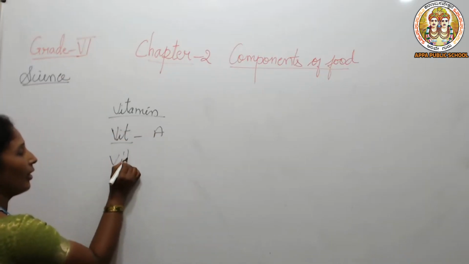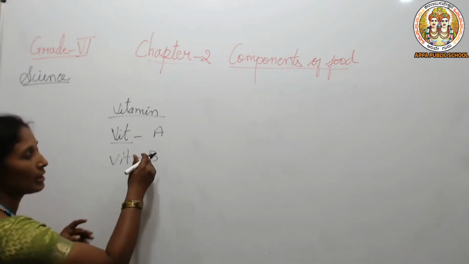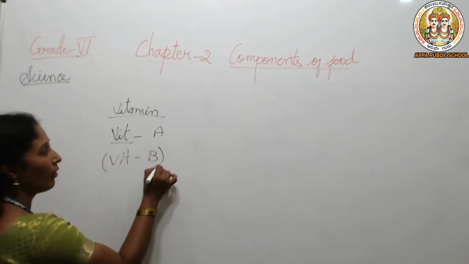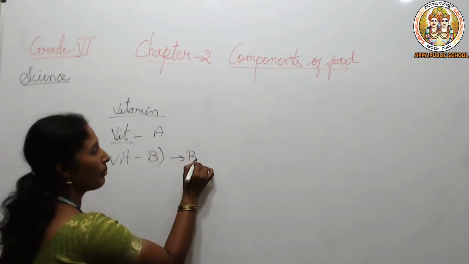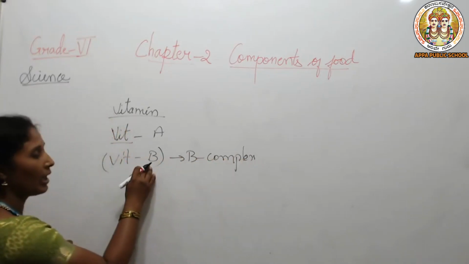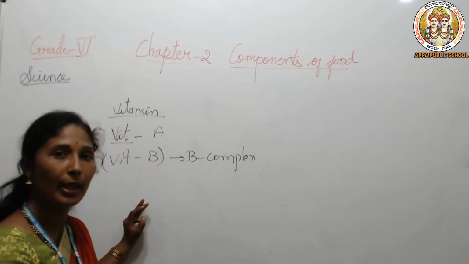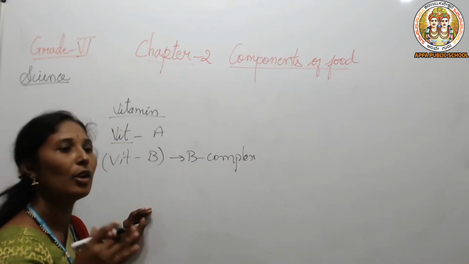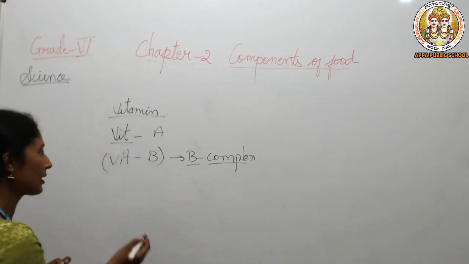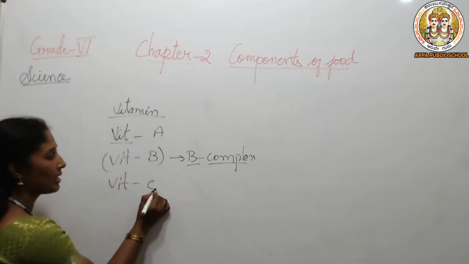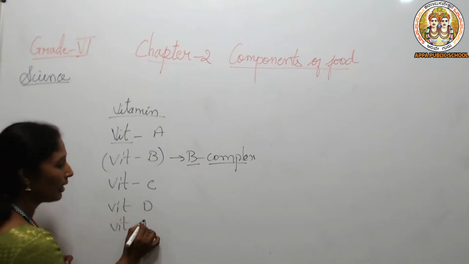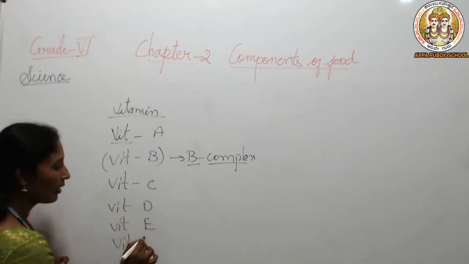Vitamin A, vitamin B. In B there is a group, the B complex. Again in vitamin B we have vitamin B1, B2, B12, B6. All together this group is known as B complex. We also have vitamin C, vitamin D, vitamin E, vitamin K.